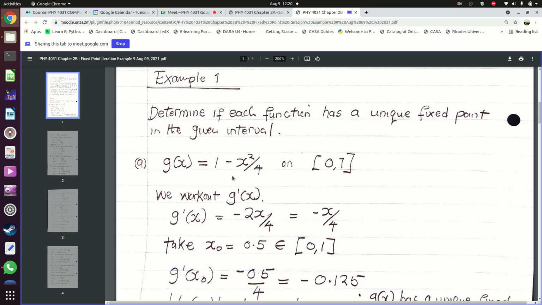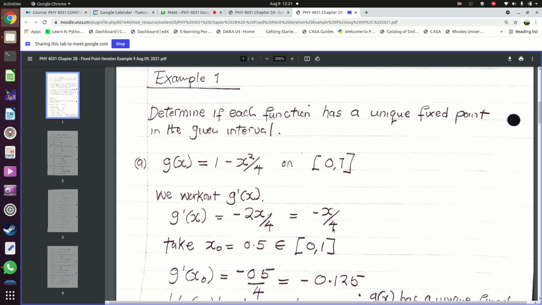As long as the number you choose is in the interval 0, 1. The first thing we do is work out the derivative of g of x. When you differentiate, g prime of x is going to be, this one gives you 0, then minus 2x divided by 4. I think I made a mistake somewhere. It gives you 2 divided by 4 here, so you end up with minus x divided by 2.